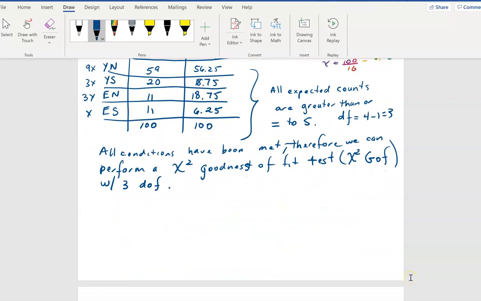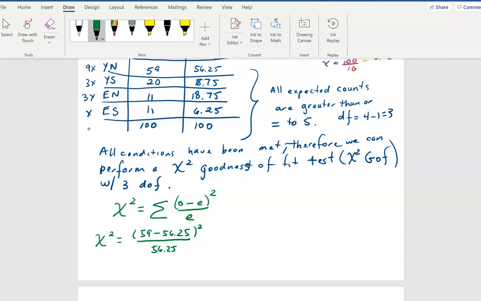Okay, we're now ready for the calculations. The chi-squared formula is the summation of the observed minus the expected, squared, over the expected. That formula is given to you on your formula sheet. In this case, there are 4 components since there are 4 categories. And we don't have to set it up as a chart like we did with the M&Ms. So it would be 59 minus 56.25 squared over 56.25, that's for yellow normal.